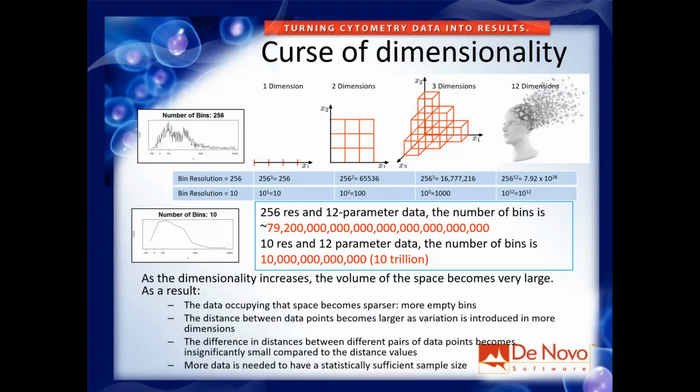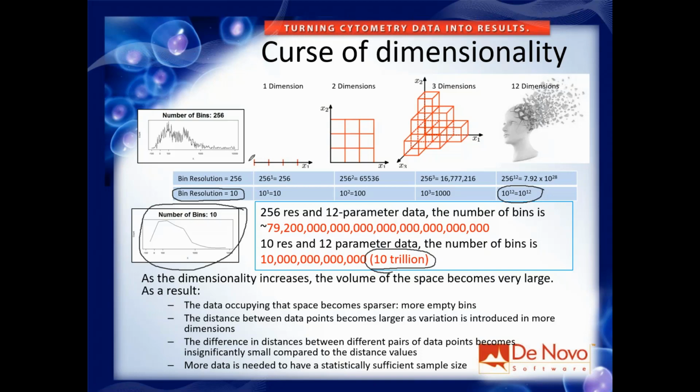If we take something a little more useful, starting here at the bottom, with a bin resolution of only 10 bins per dimension, which is not enough for flow data, it'll never be enough, but let's just take this really low number of bins. By 12 dimensions, so 12 colors, which is not even a high number, I already have 10 trillion possible bins that the data can go into.